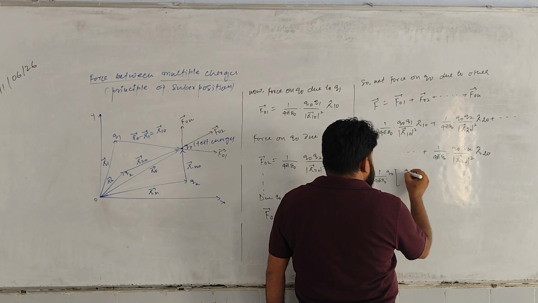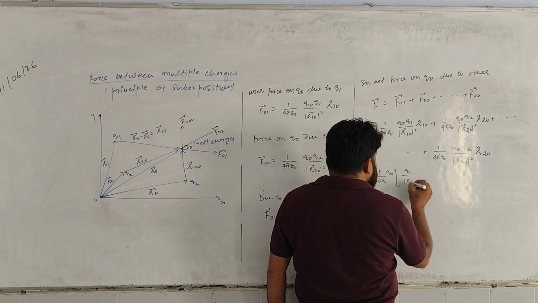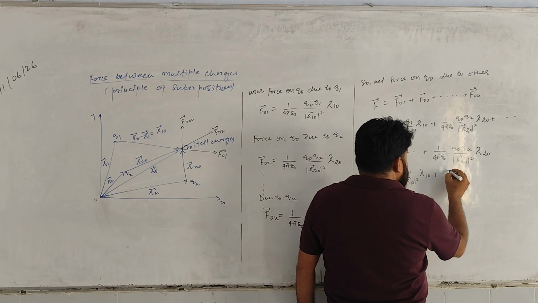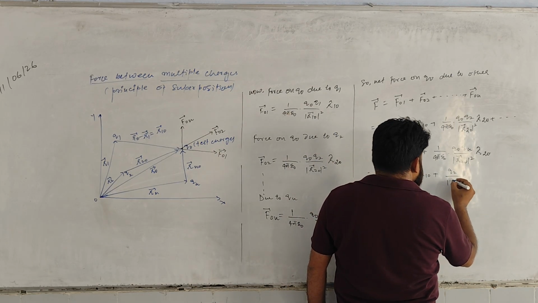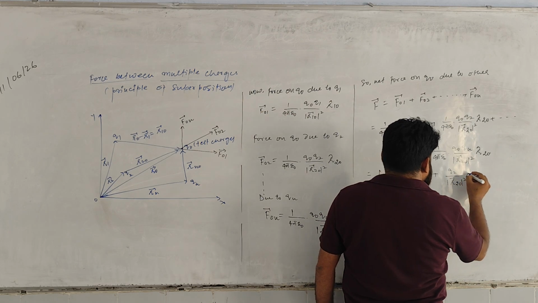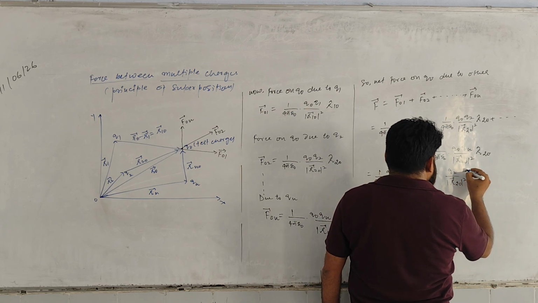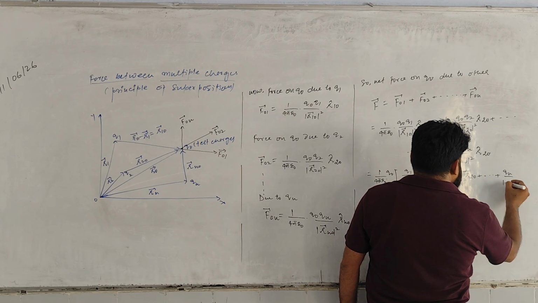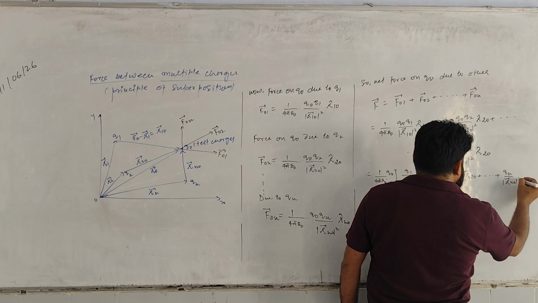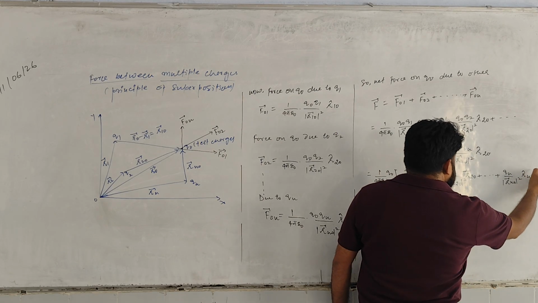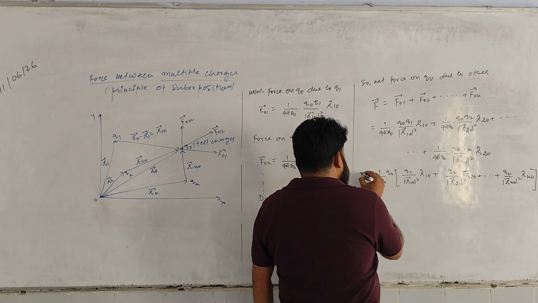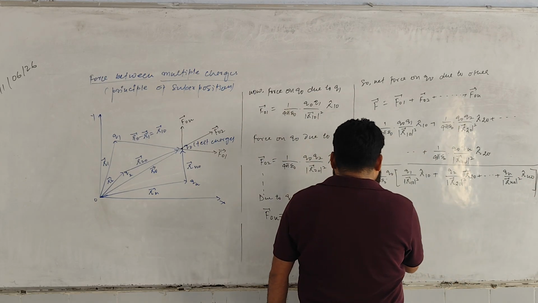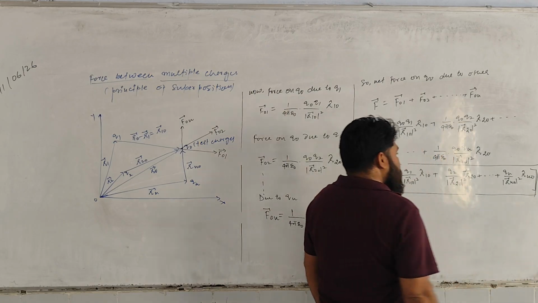Then the remaining one, that is q1 upon r1 naught square in the direction of r1 naught, plus q2 upon r2 naught square in the direction of r2 naught, up to qn upon rn naught square in the direction of rn naught. This is the force on a test charge q naught due to the multiple charges. This is the expanded form of the expression.